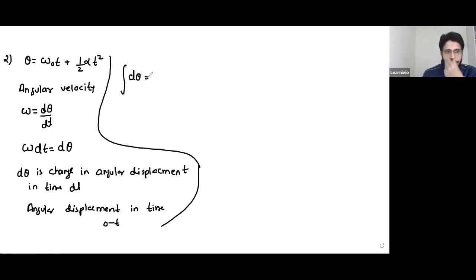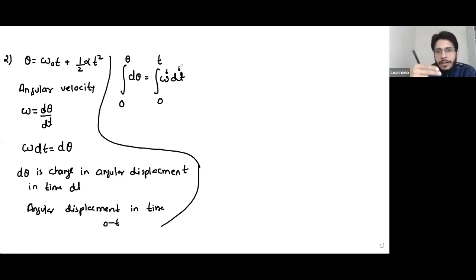Integral of d theta equals integral of omega dt, with the time from 0 to t. When your time is 0, you can take your displacement as 0. At time t, your displacement is some theta. There is one problem with the right hand side of the integral. This omega is variable and t is variable, so on the right hand side you have two variables.